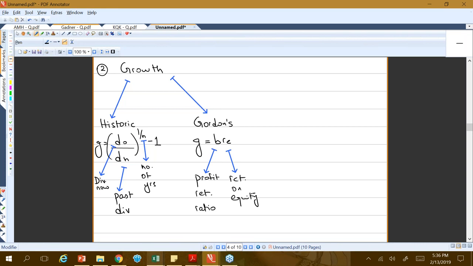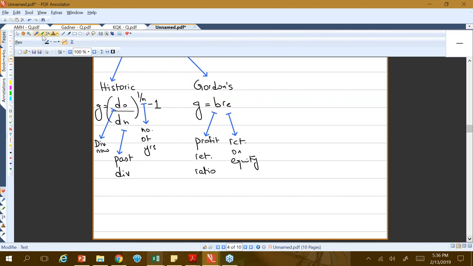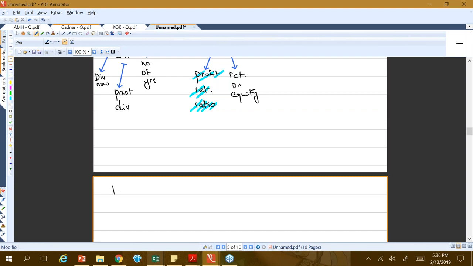Within the Gordon's model, the students usually find the profit retention ratio to be more challenging. They find it difficult to find the profit retention ratio. So I'm just going to quickly tell you more about the profit retention ratio.